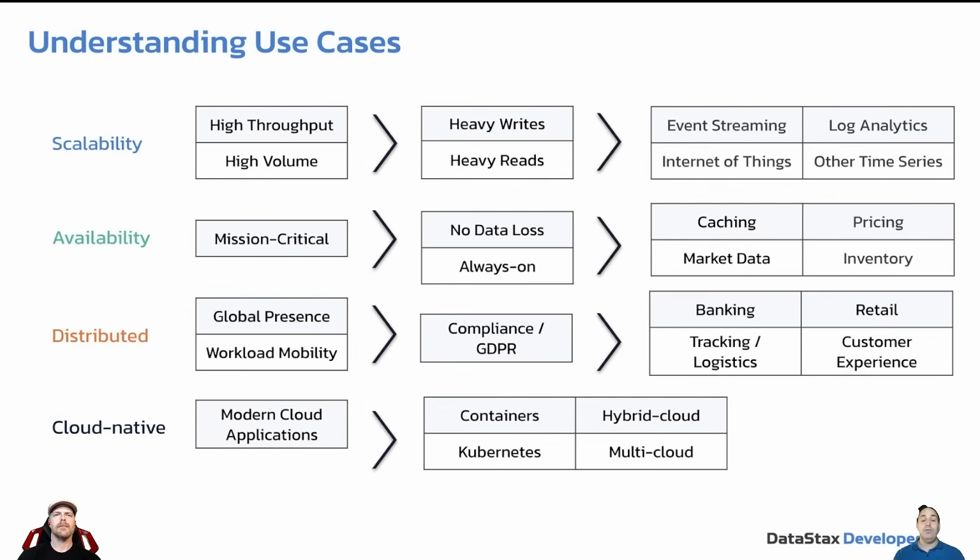If you want to leverage the availability, you will have no data loss. The database will always be on. And to be honest, everybody would be happy to have a database that would not stop, right? It's distributed like in previous slides. So global presence, probably why web giants like Uber, Netflix, or Apple are using it.